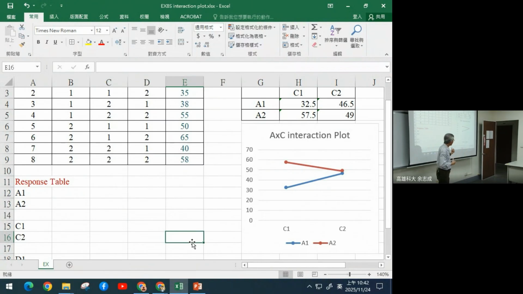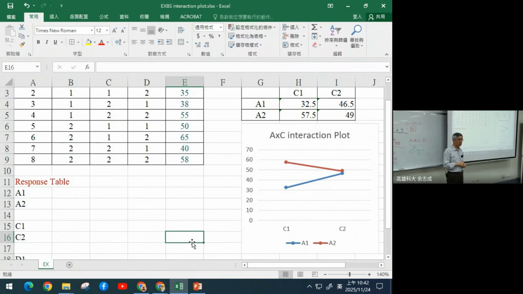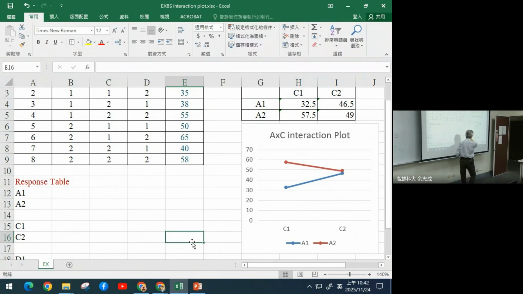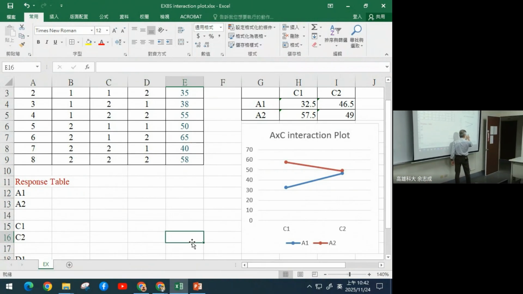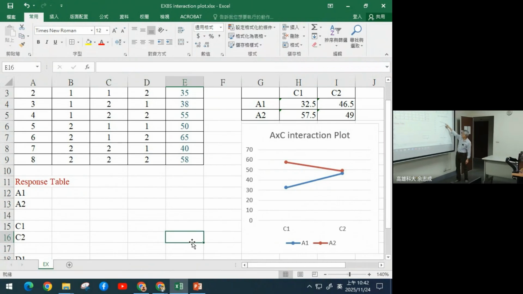But in this case, these two lines are not parallel to each other. So we'll say A and C have an interaction. Here, the horizontal axis is C1, C2, and the blue line is A1, the red line is A2.